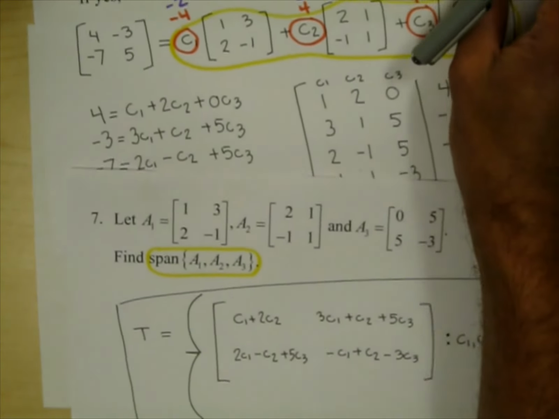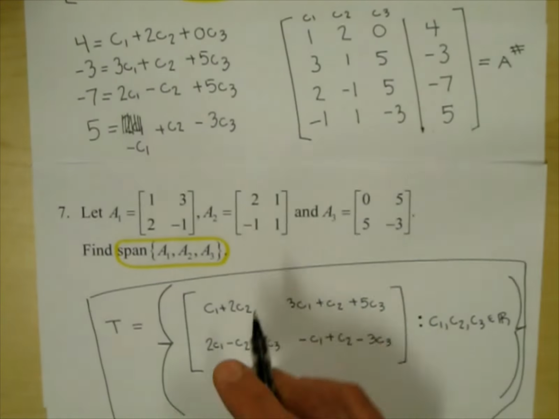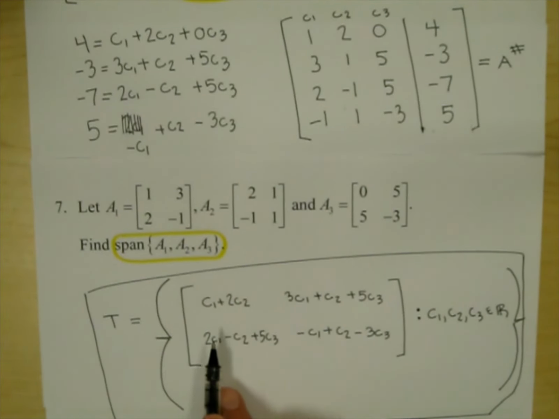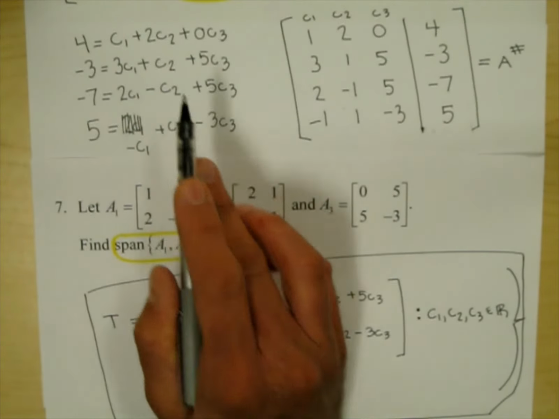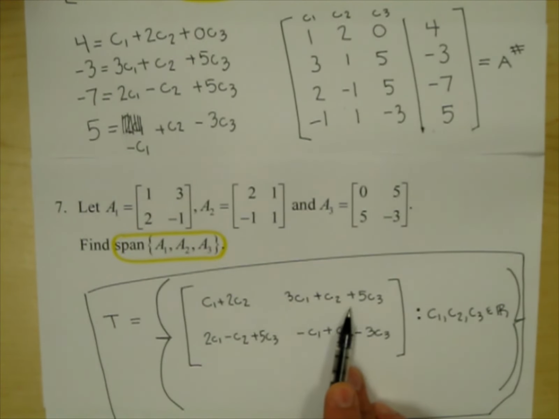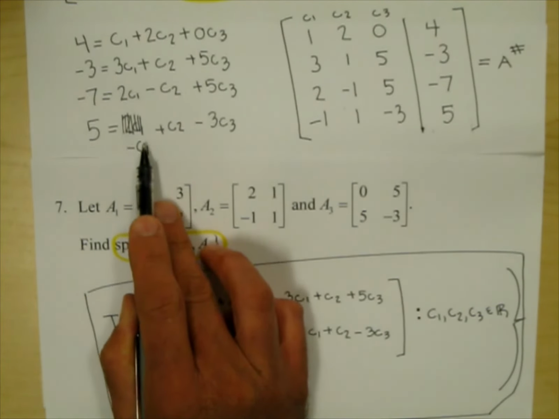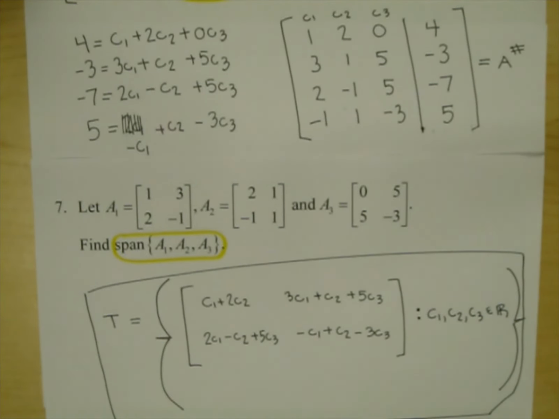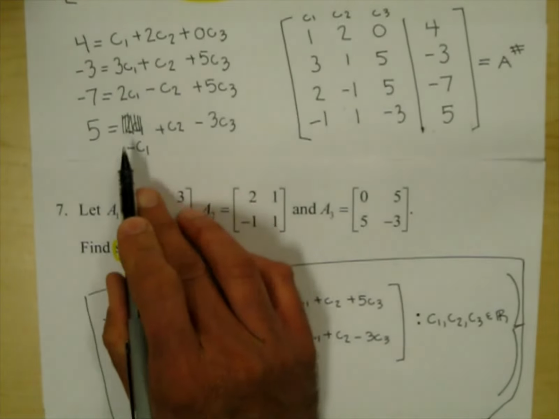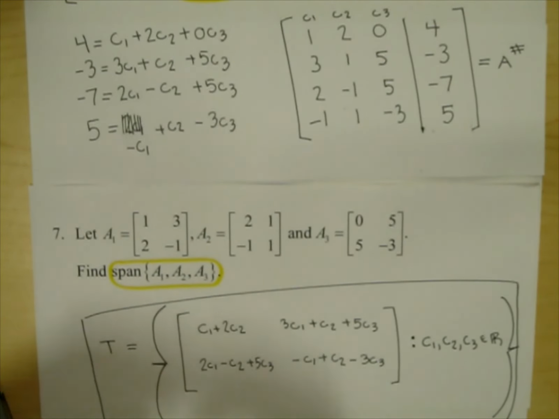Now I would want to point this out here, this thing that I see. You know how we had C1 plus C2, that's what we had right there, and then 3C1 plus C2 plus 5C3, it's right there, and then that one's the bottom left and that one's the bottom right. And so now that I have white out, watch this.